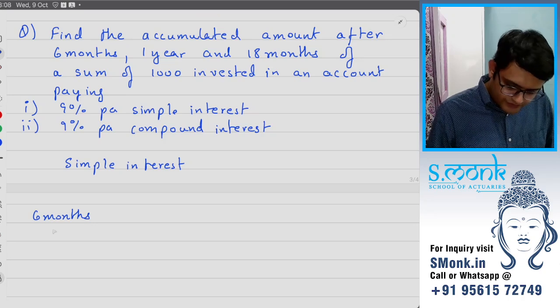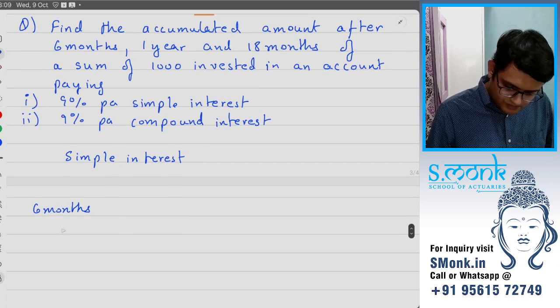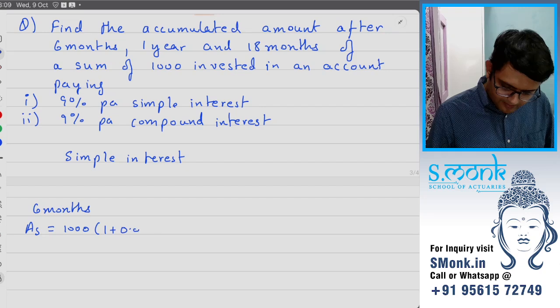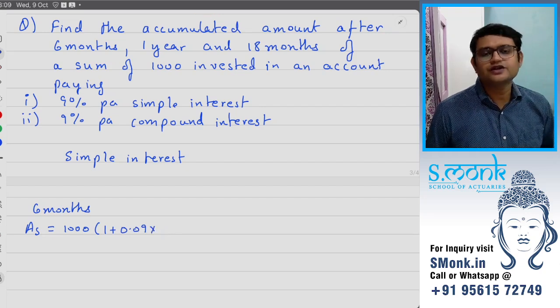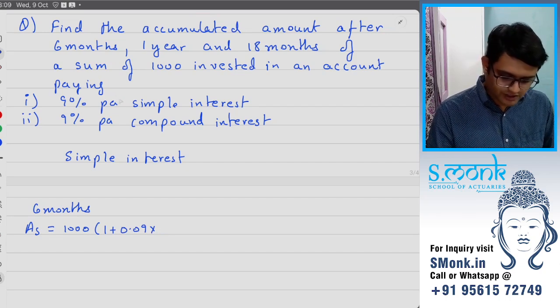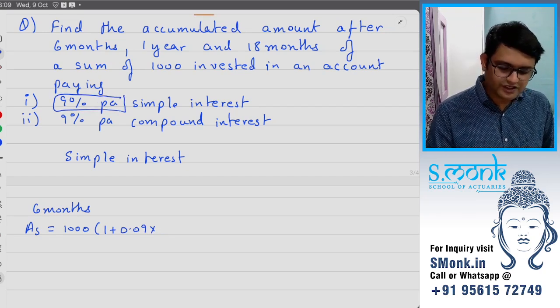So if I calculate for 6 months, now 6 months you will have to convert into years because the rate of interest is given in years.